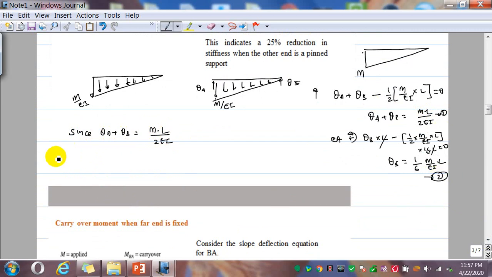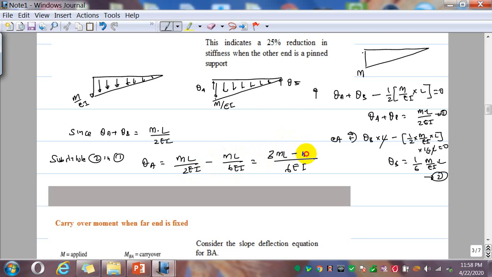So substitute 2 in 1, then theta A becomes ML over 2 EI minus ML over 6 EI. The common base is 6 EI, so 3 ML minus ML, that is 2 ML over 6 EI.